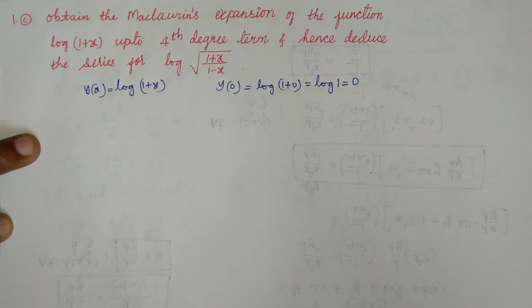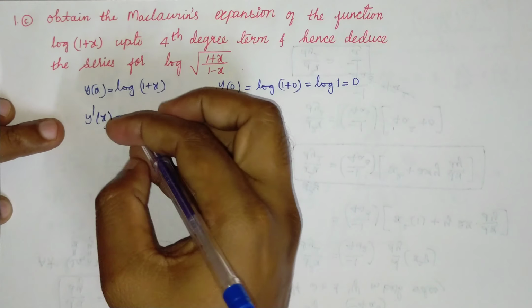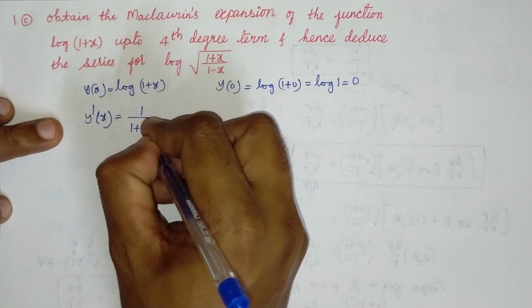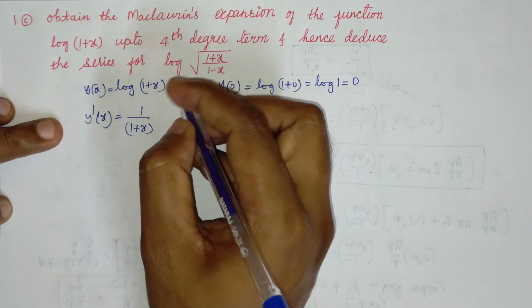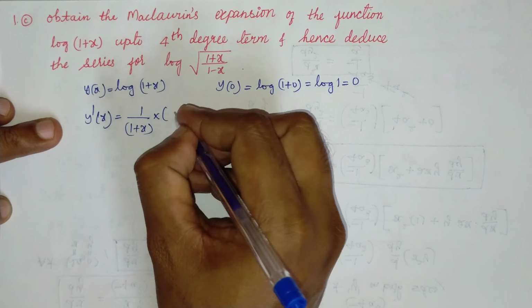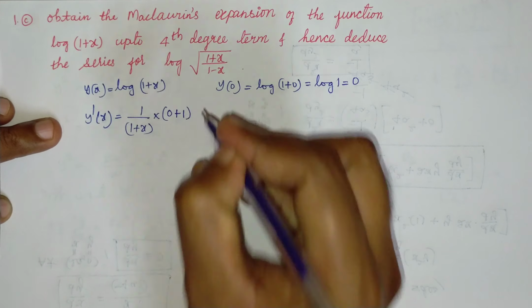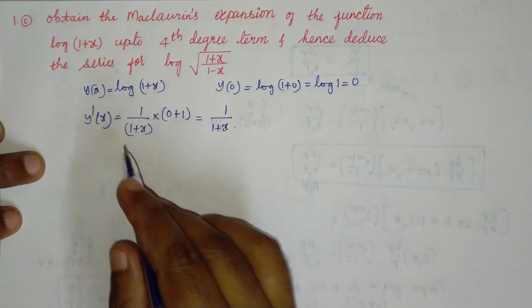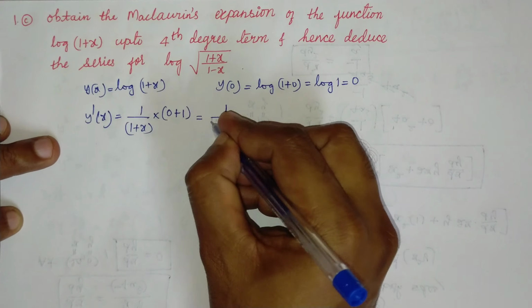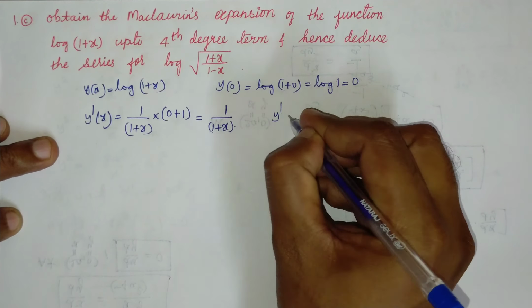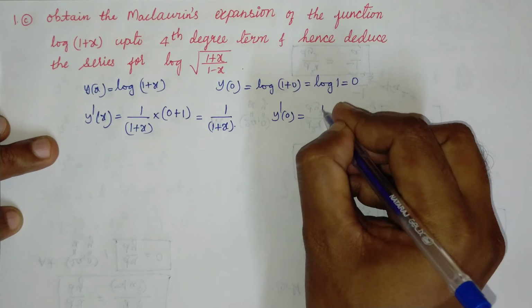The differentiation of log of 1 plus x is 1 by 1 plus x into differentiation of 1 plus x, which is, the differentiation of 1 is 0 plus the differentiation of x is 1. So we got y dash of x equal to 1 by 1 plus x, and what is y dash of 0? Substitute x equal to 0, it is 1 by 1 plus 0, which is nothing but 1.